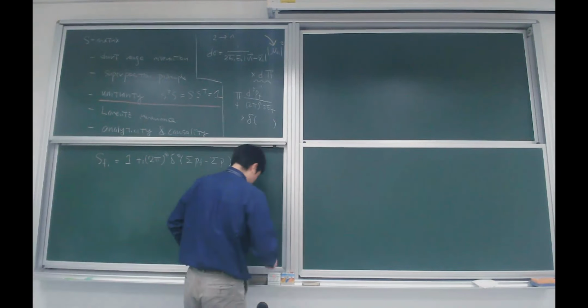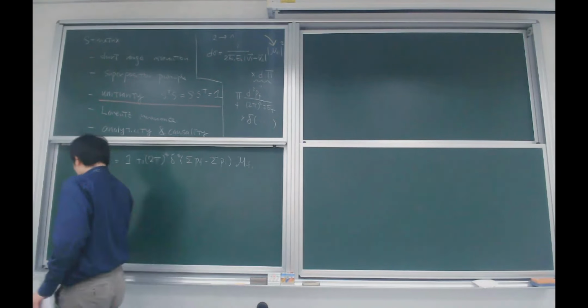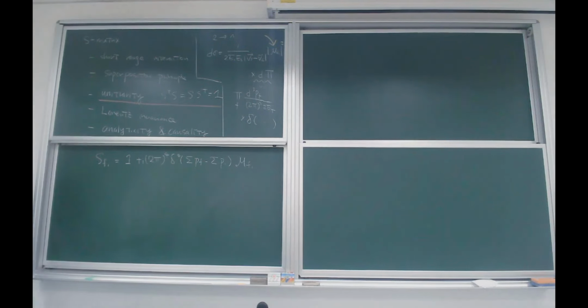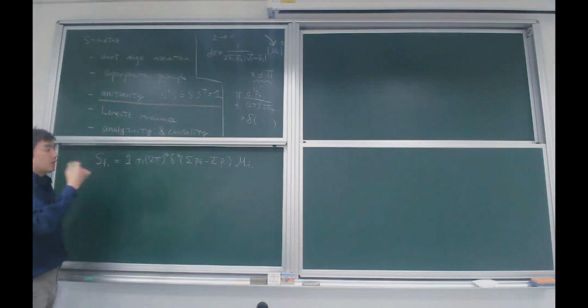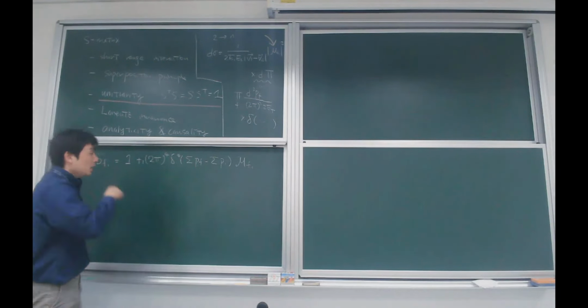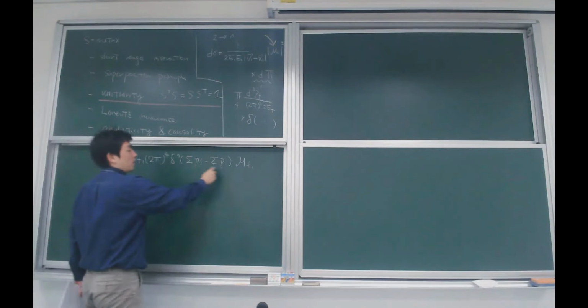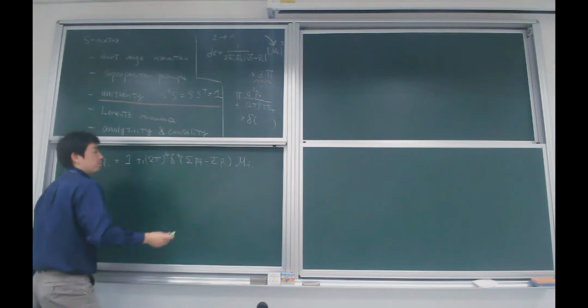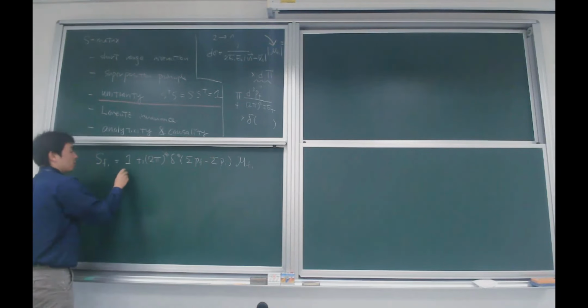Okay. So last time, we talked about the S matrix being 1 plus this vector. This is a non-trivial matrix element, and the 1 is without interaction.